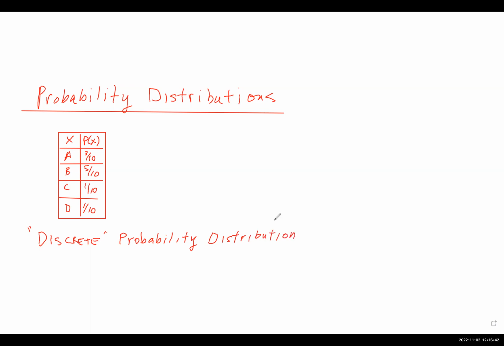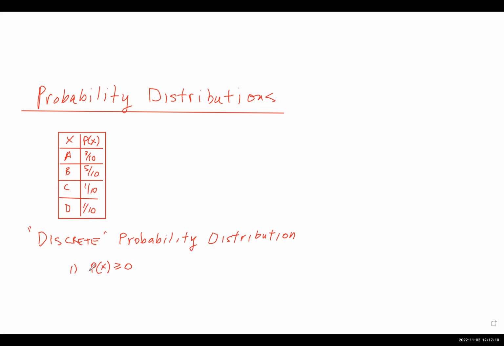And these discrete probability distributions have a few little properties. Some you probably think are pretty trivial, pretty obvious. Every individual probability in a probability distribution has to be greater than or equal to 0. That's just because of the definition of probability.